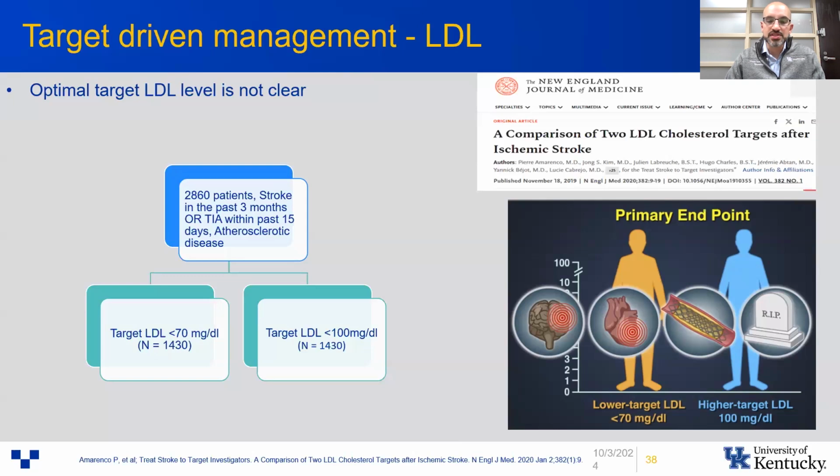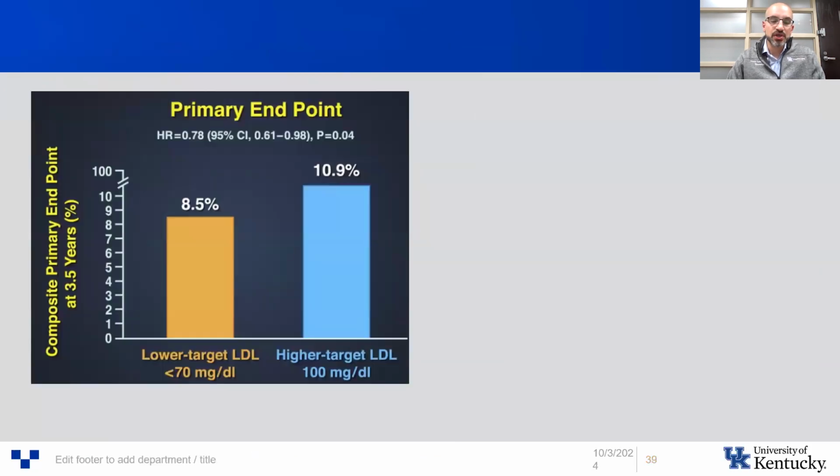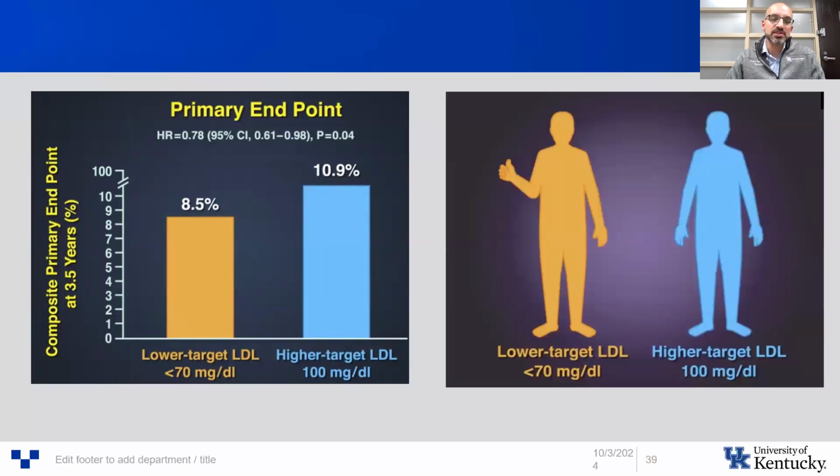The primary endpoints were a stroke, a myocardial infarction, any cerebrovascular or cardiovascular event that needed a revascularization procedure involving the carotid or coronary arteries, or death. The study showed that the risk of these primary endpoints was much lower in the group that targeted LDL levels of less than 70, as you can see with the orange silhouette giving you the thumbs up.